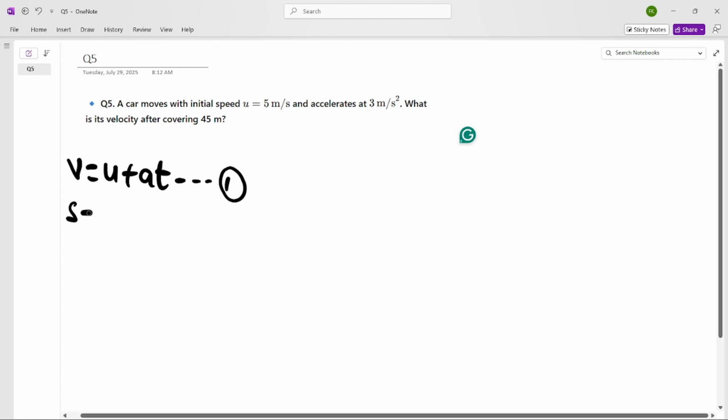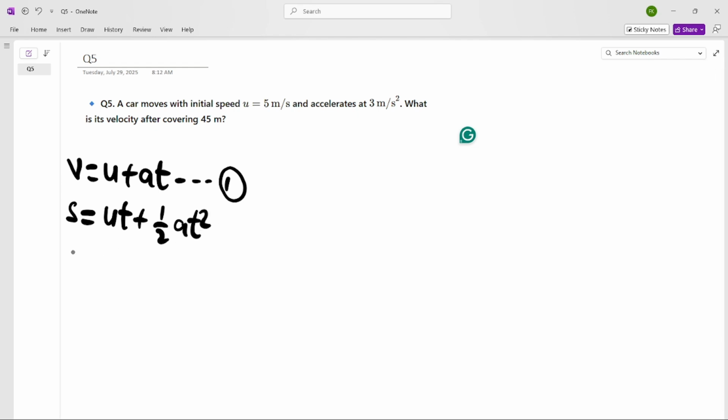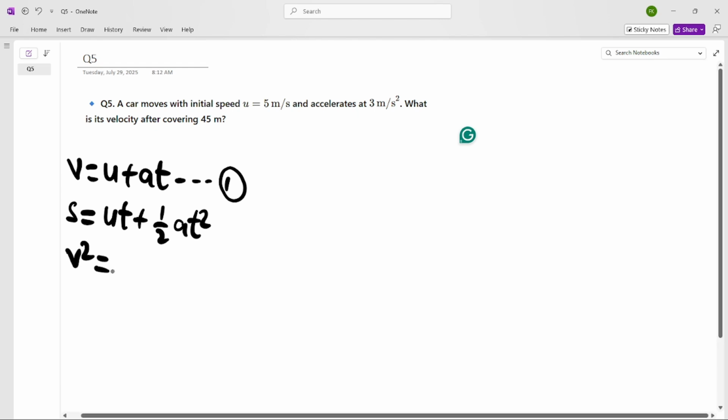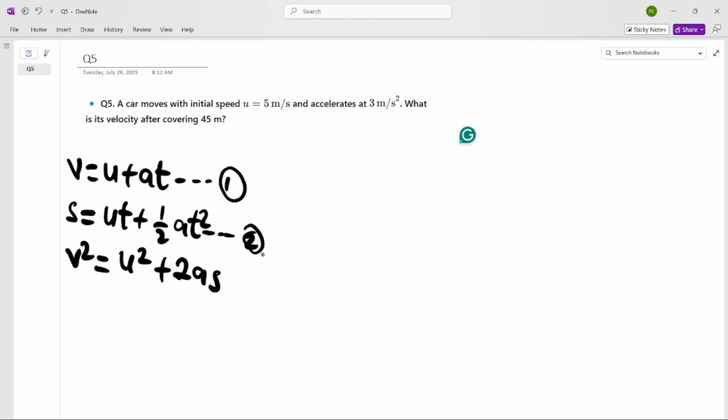Equation 2, S is equal to UT plus half AT squared. We also have V squared equals U squared plus 2AS. This is equation 3. So these are the core equations of motion.